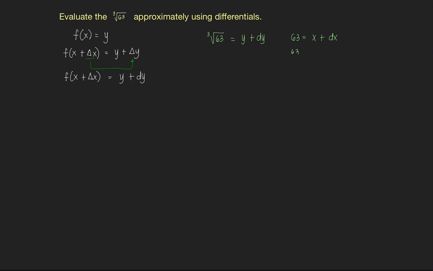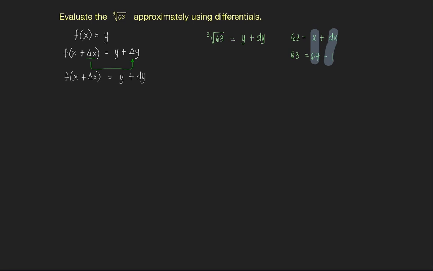So 63 is equal to 64 plus dx. If x is 64, then what would be dx to give us 63? It would be negative 1. Okay? So our x is 64 and our dx is negative 1.